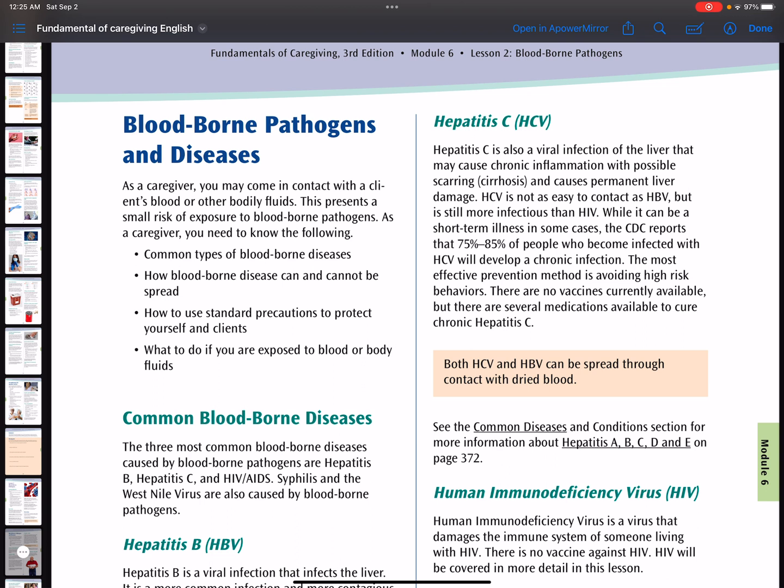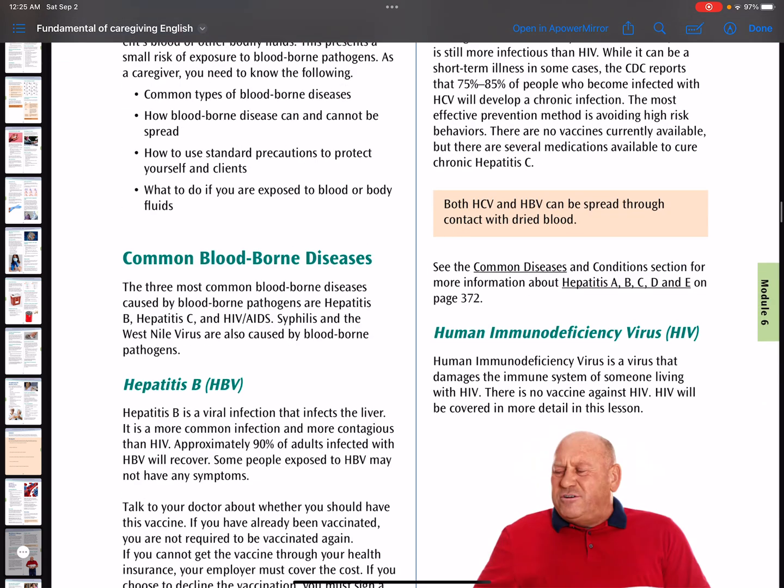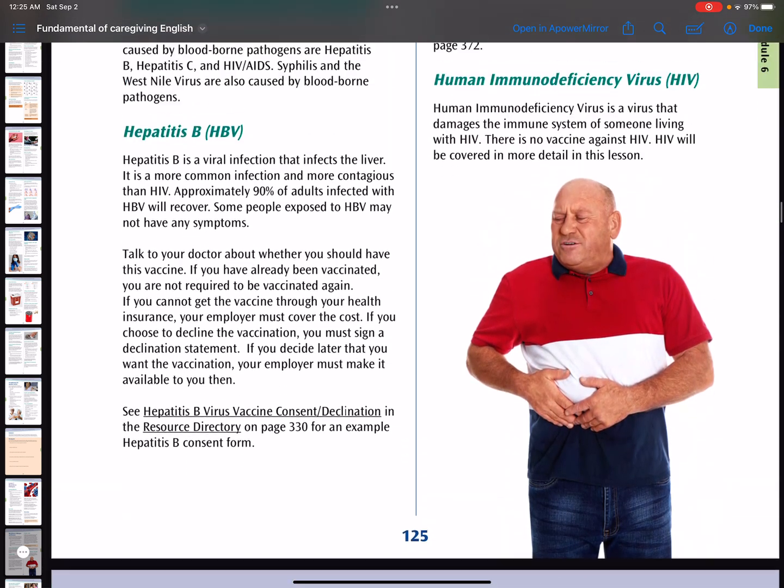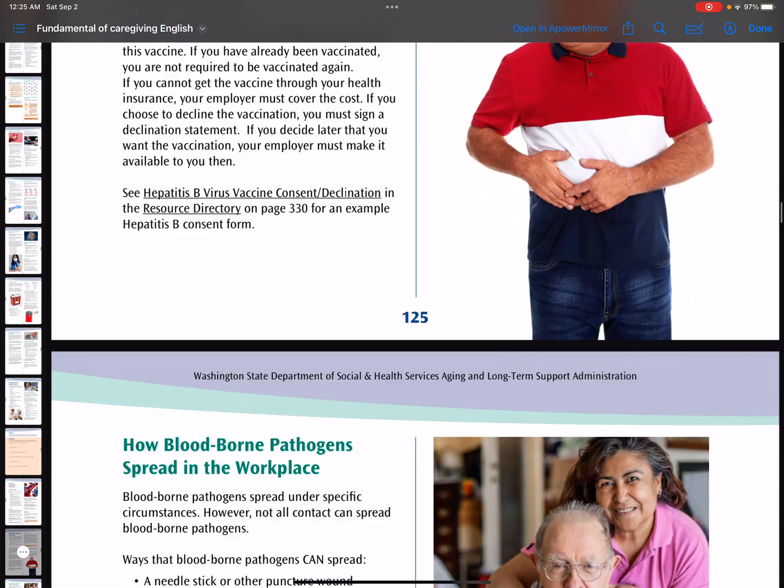There are no vaccines currently available, but there are several medications available to cure chronic hepatitis C. HCV and HBV can be spread through contact with dried blood. I'm going to skip HIV here because I'm going to talk about it later.